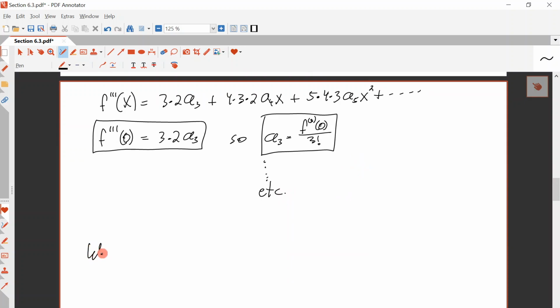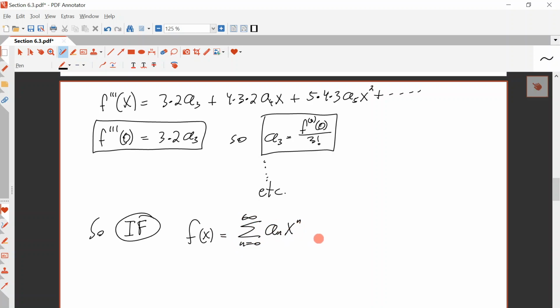So we recall, if, and this is a big if, f of x is equal to the sum n equals 0 to infinity a n x to the n, then f of x is equal to the sum n equals 0 to infinity of the nth derivative of f at 0 over n factorial times x to the n.